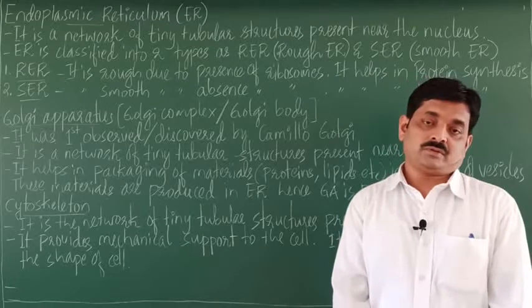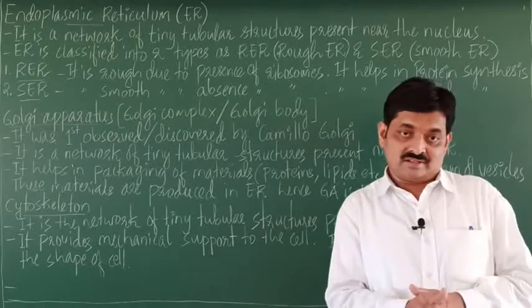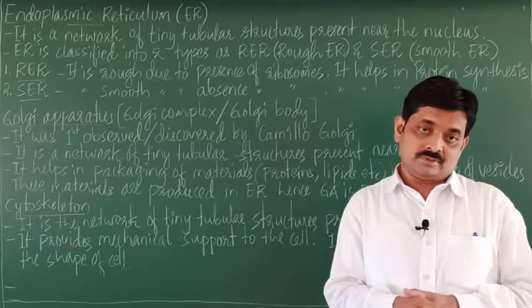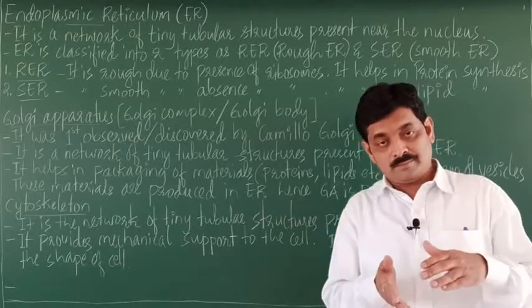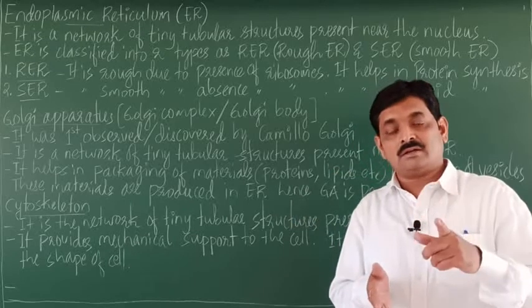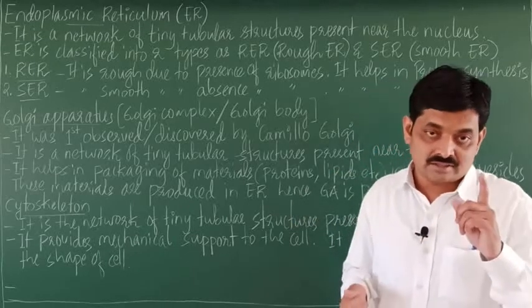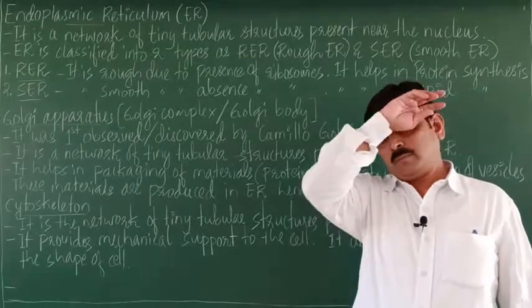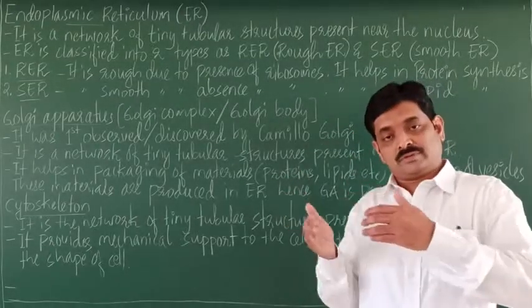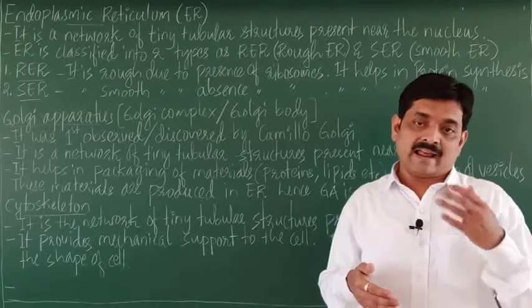Now, where do these materials come from? Protein and lipid come from another cell organelle, the endoplasmic reticulum. The endoplasmic reticulum produces protein and lipid.